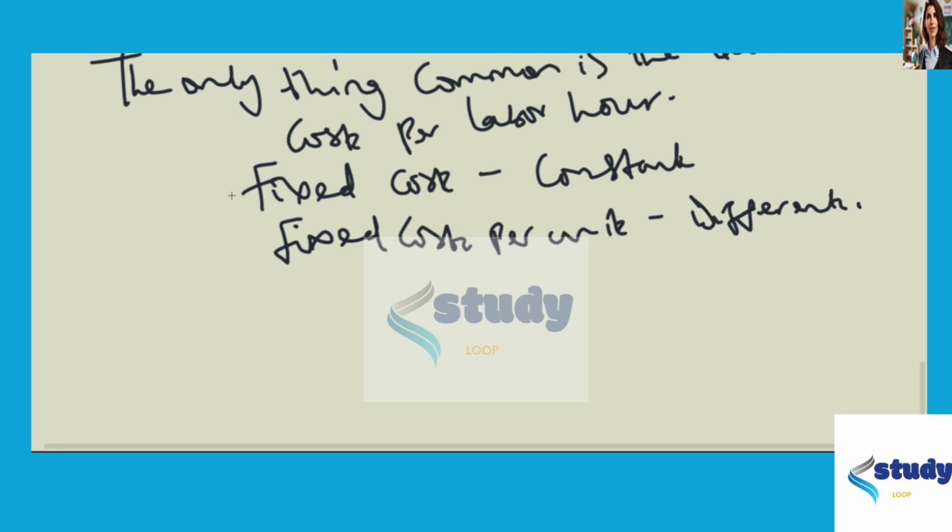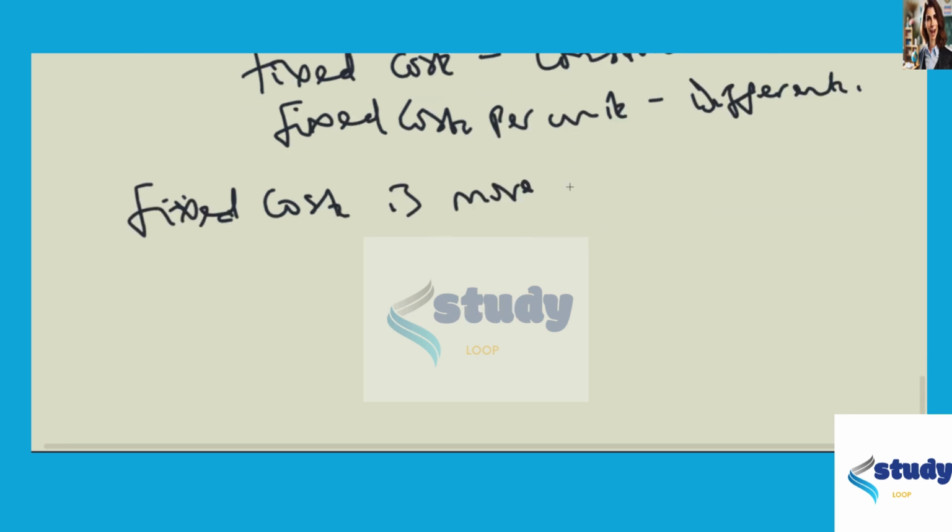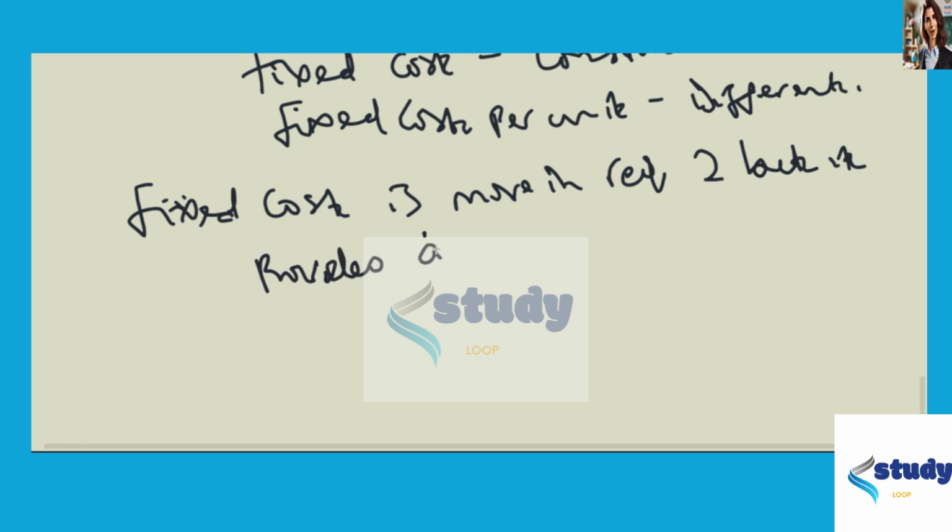The fixed cost per unit is higher in requirement 2, but it still provides a higher operating income. So that's what we can say.